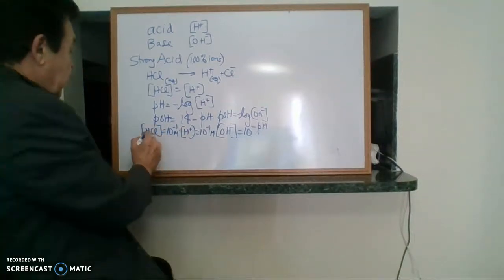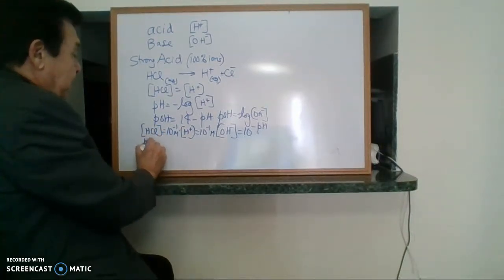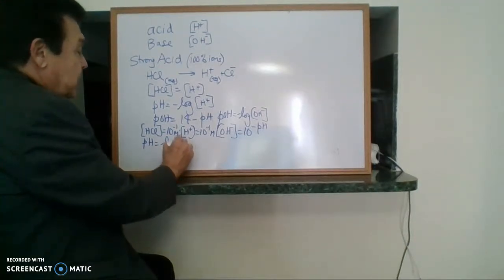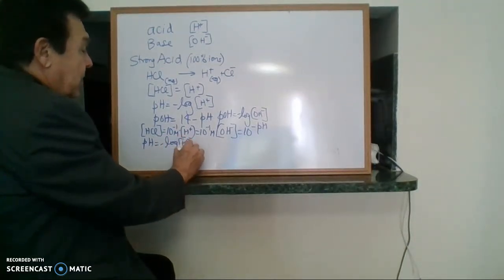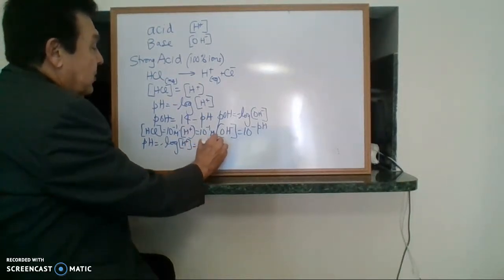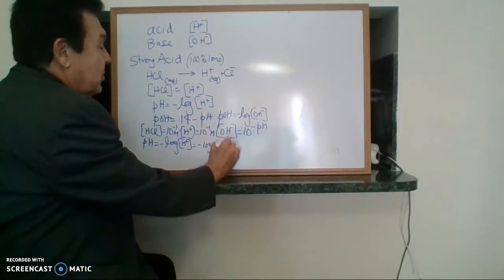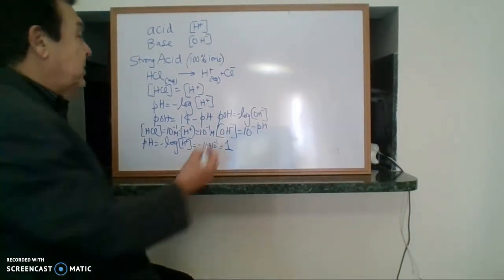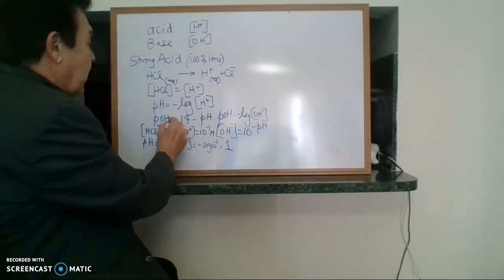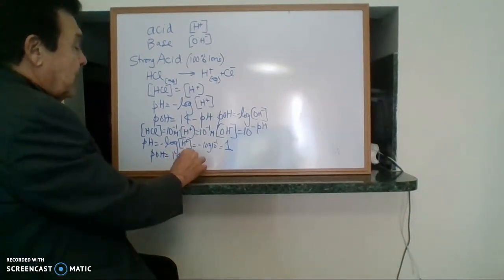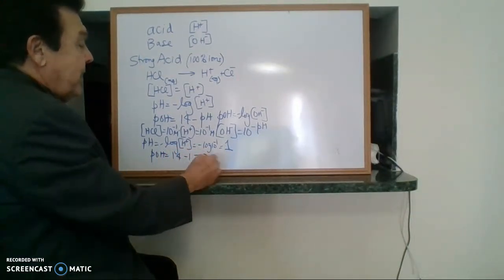So, pH will be minus log of the concentration of the hydrogen ion, in other words, minus log of 10 to minus 1, that is equal to 1, and the pH is 1. Using this formula, you can calculate pOH. pOH will be equal to 14 minus 1, then it will be 13.